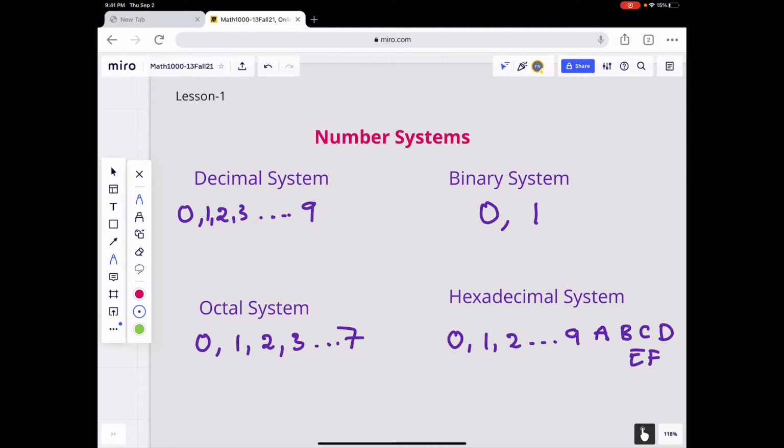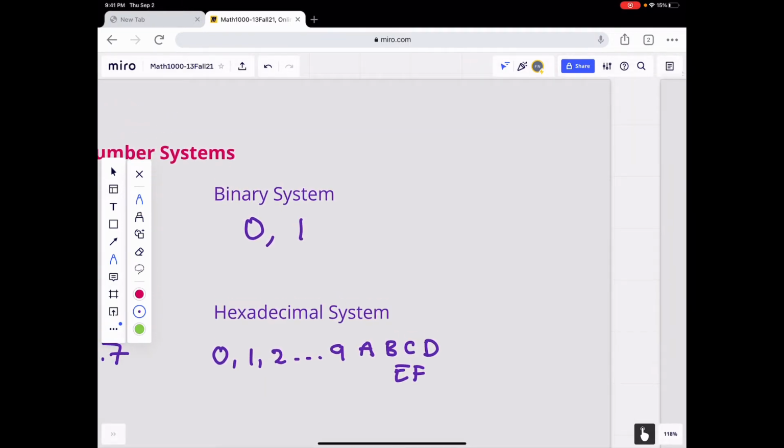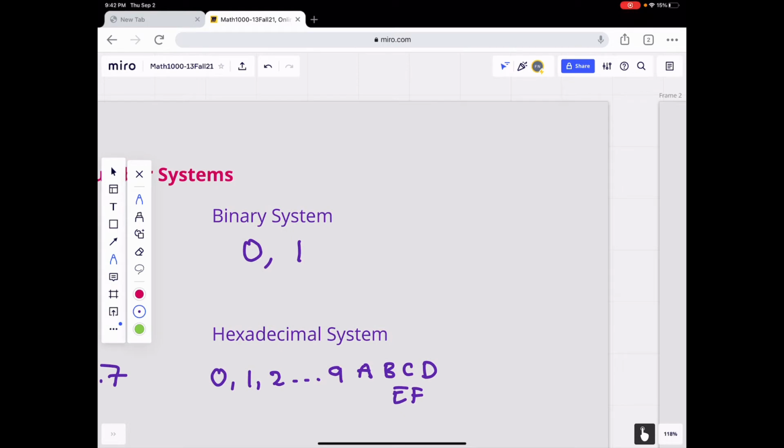Okay, so we're gonna talk about how you look at the base of 10 first, and then we're gonna work on binary.